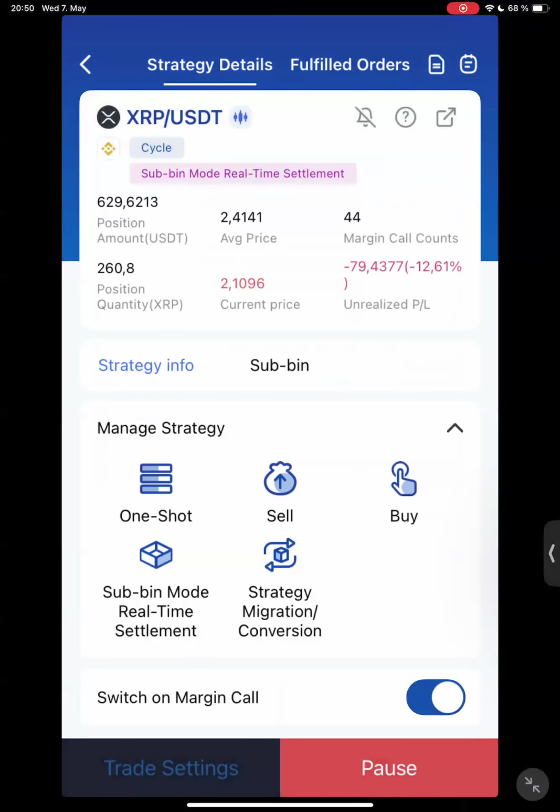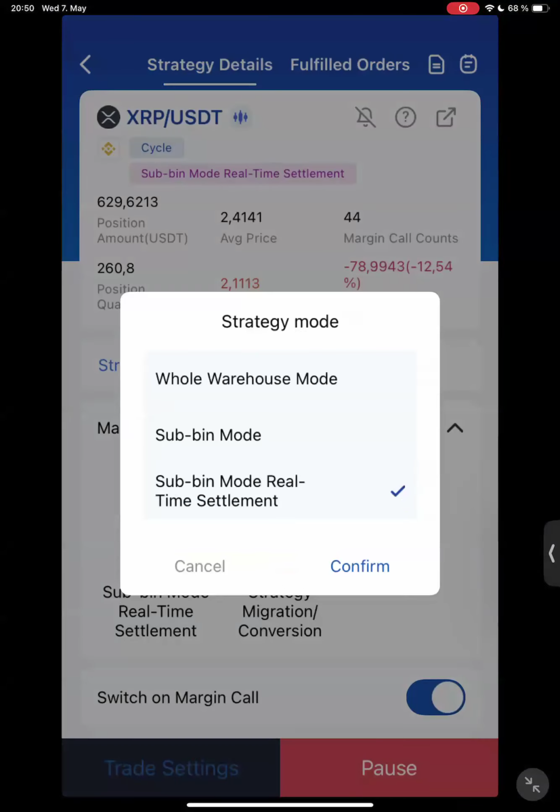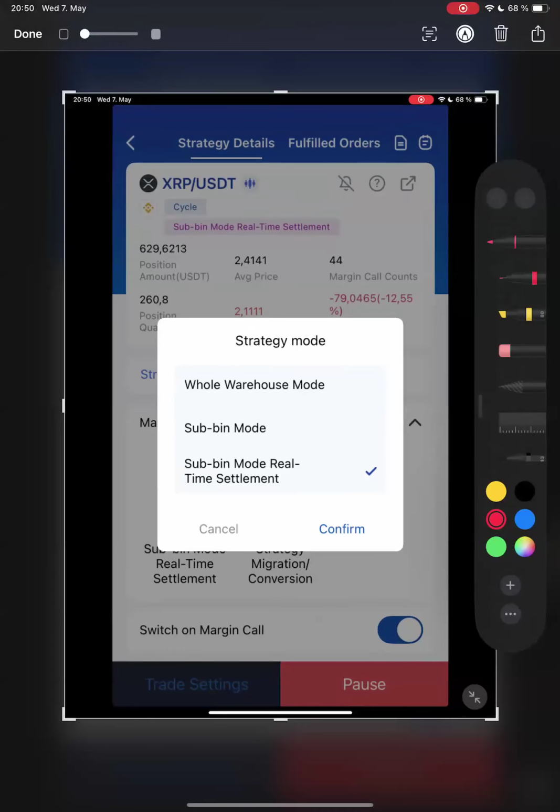Okay. All right. So these are the strategy modes I was talking about on the home button where the revenue details, the profit details is. So whole warehouse mode will sell everything in whole. Now, if you're going to be having more than four margin calls, it's not advisable to put it on whole warehouse mode unless you have maybe 7 margin call limits, no more than 10.